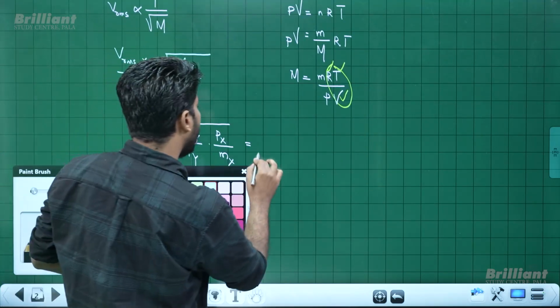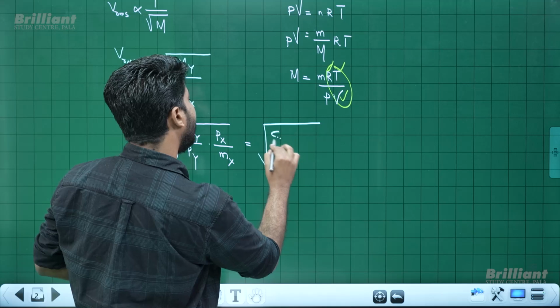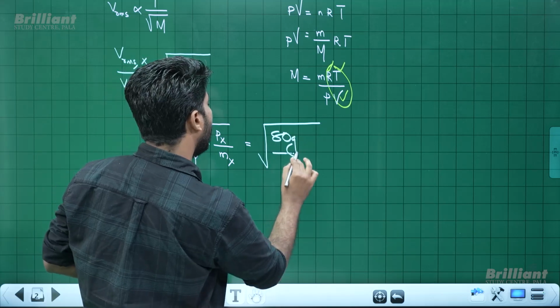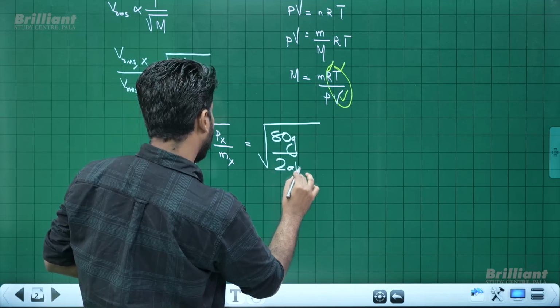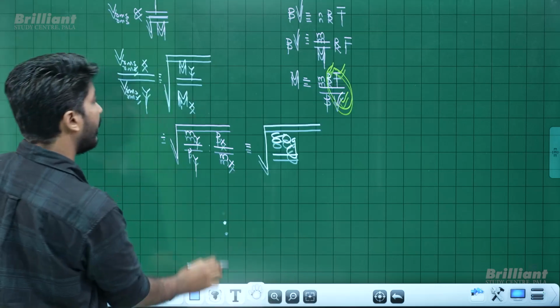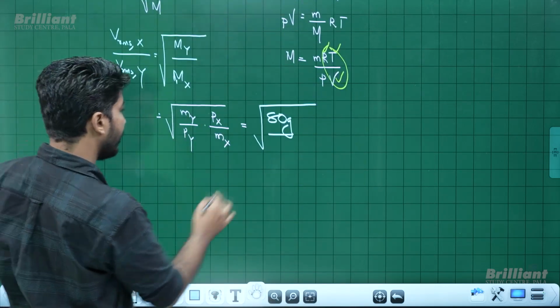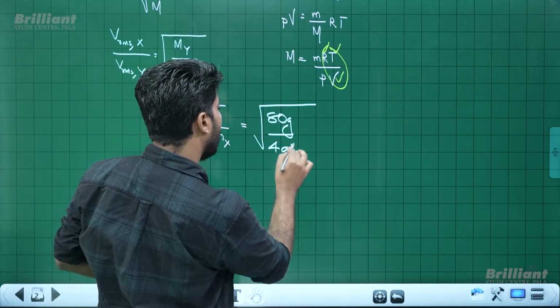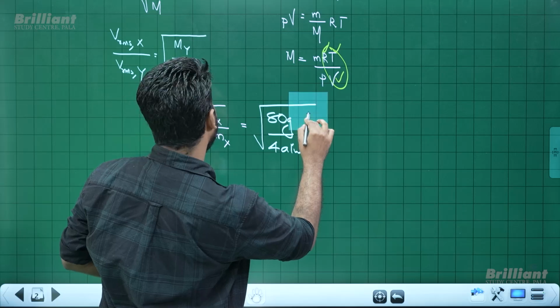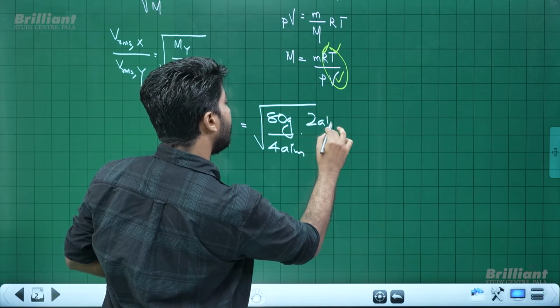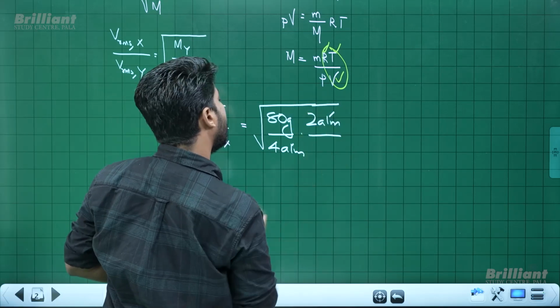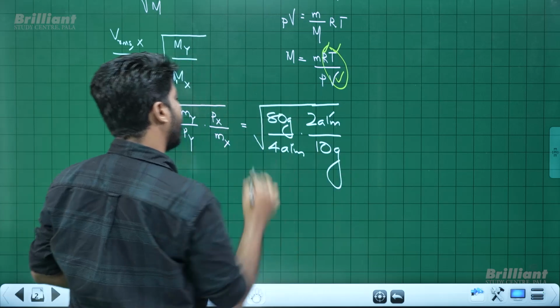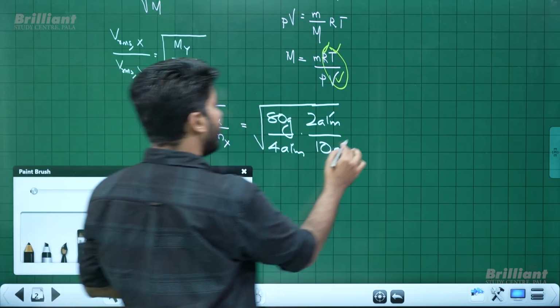So here we will be writing root of 80 grams of Y divided by its pressure. Yes, gas Y is at 4 atm pressure, right? So 4 atm. Now into the pressure of the first gas, which was given as 2 atm, divided by its mass, which was 10 grams. So that is the simple relation we get.